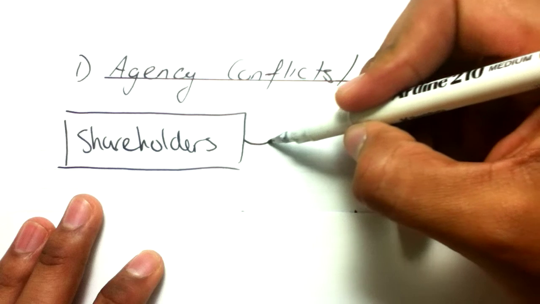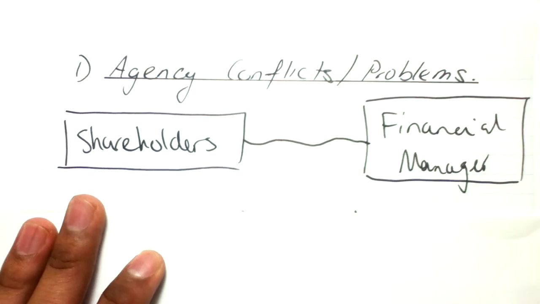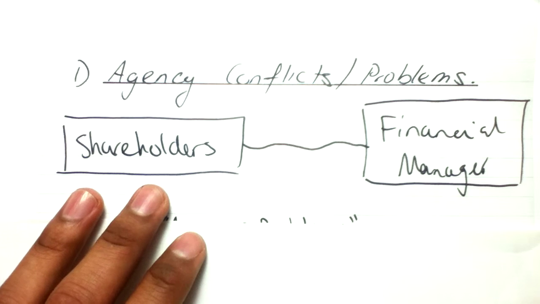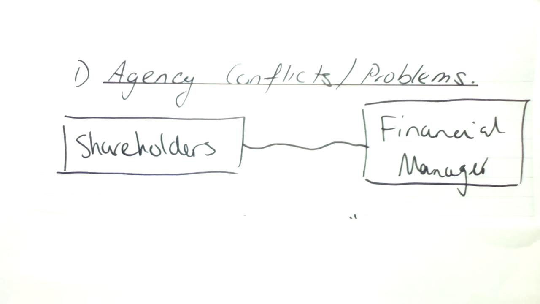Now, generally, there is some sort of connection between the two, because the shareholders want something, and the financial manager more or less wants something for himself or herself as well. But the financial manager has a primary goal that it should be fulfilling.